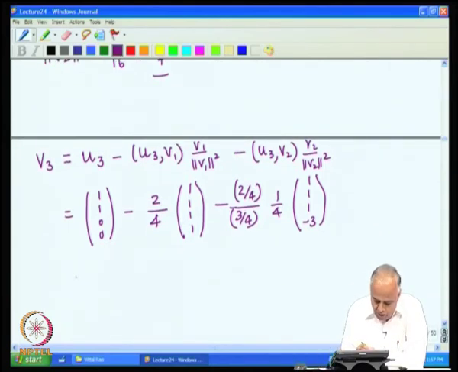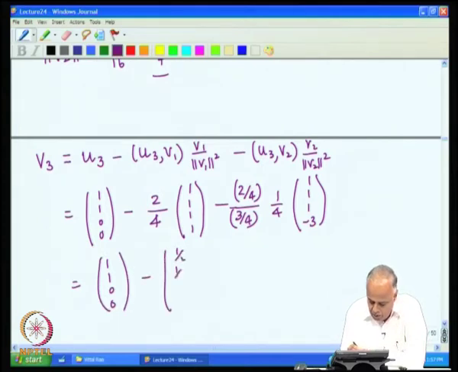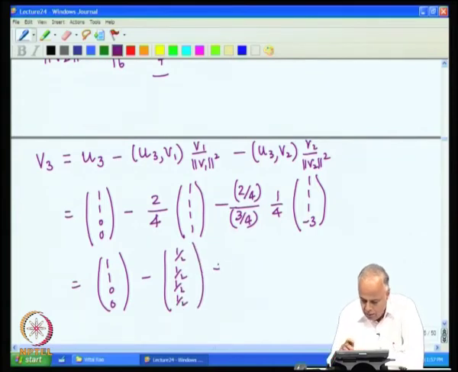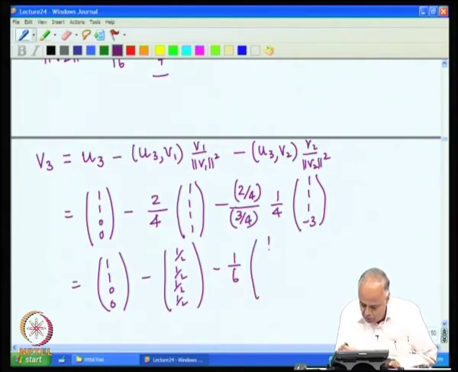So, which boils down to 1 1 0 0 minus half half half and a half minus, this becomes 1 by 6 into 1 1 minus 3.